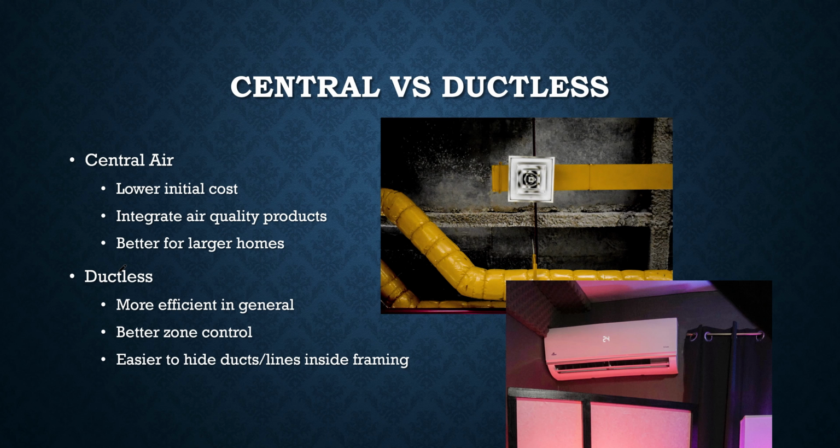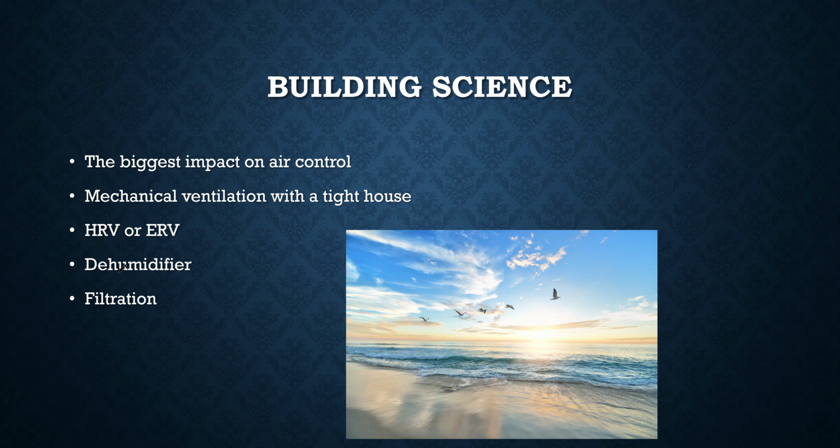And of course, it is easier to hide all of the lines and HVAC running utility stuff, wires and whatnot in the walls. You don't usually have to have a space built into your framing to accommodate ducts. So that can be a plus.